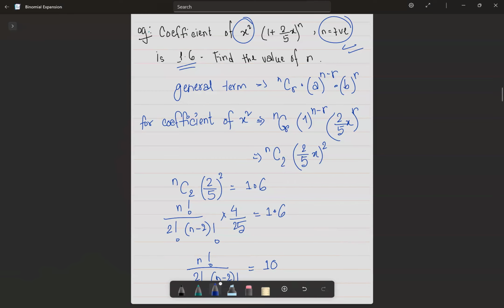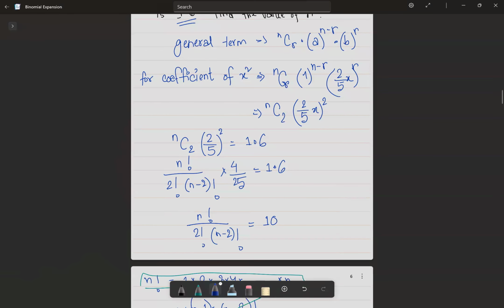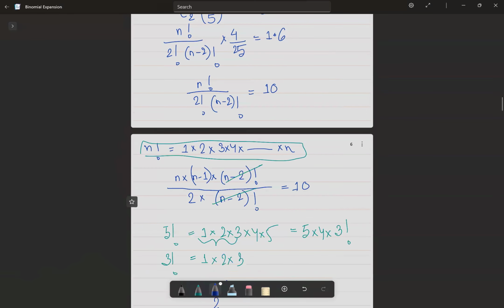We wrote it down. And from there, we were asked to evaluate for n. Now, in order to find out the value of n, we need to break down the factorial. We know factorial means multiplying or the product of all the numbers from n all the way down to 1.